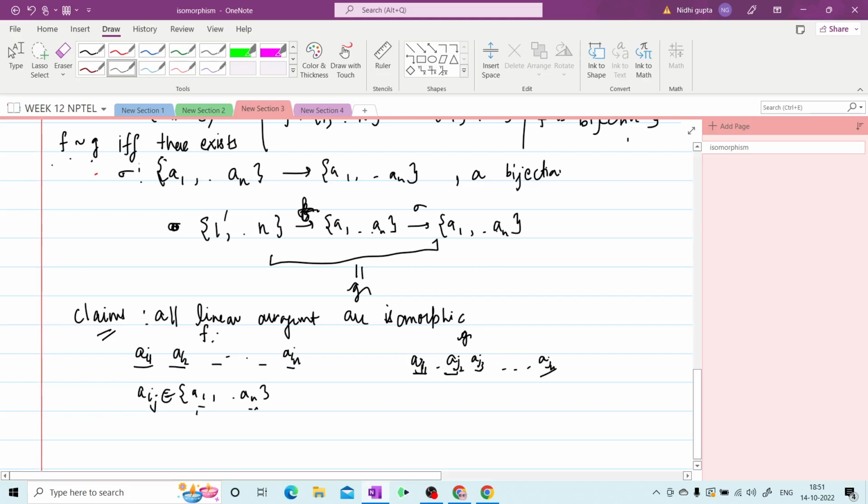And when we were discussing this example, what is the transport function doing? It is using sigma and f. This sigma, this bijection, is basically renaming the symbols, and f is giving a linear arrangement.